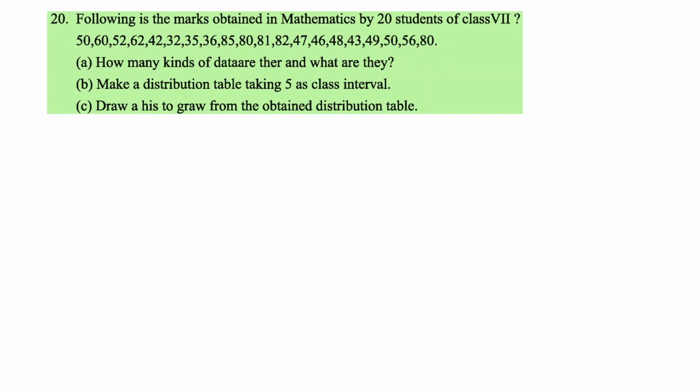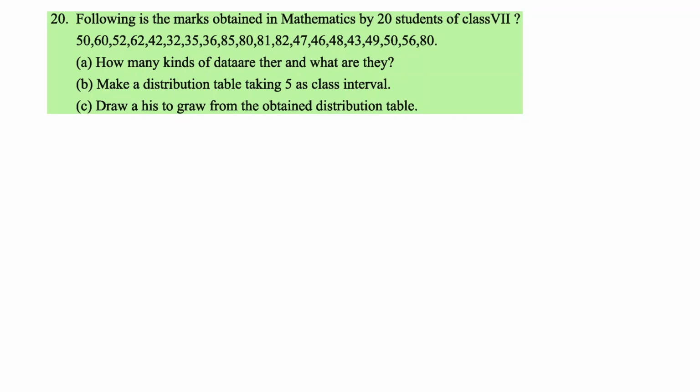Now, question number 20. This is the last question. This is a creative question. Following are the marks obtained in mathematics by 20 students of class 7. How many kinds of data are there and what are they?